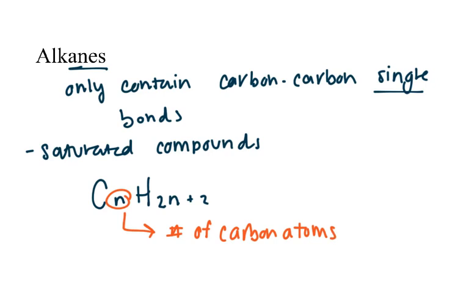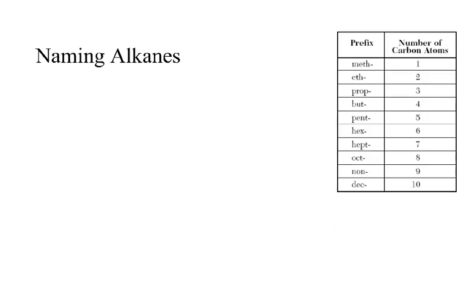On our next slide, we're going to look at how we name them, using this little formula. Luckily for us, in your reference table, this is going to be table P. It's on page 7 in your reference table.